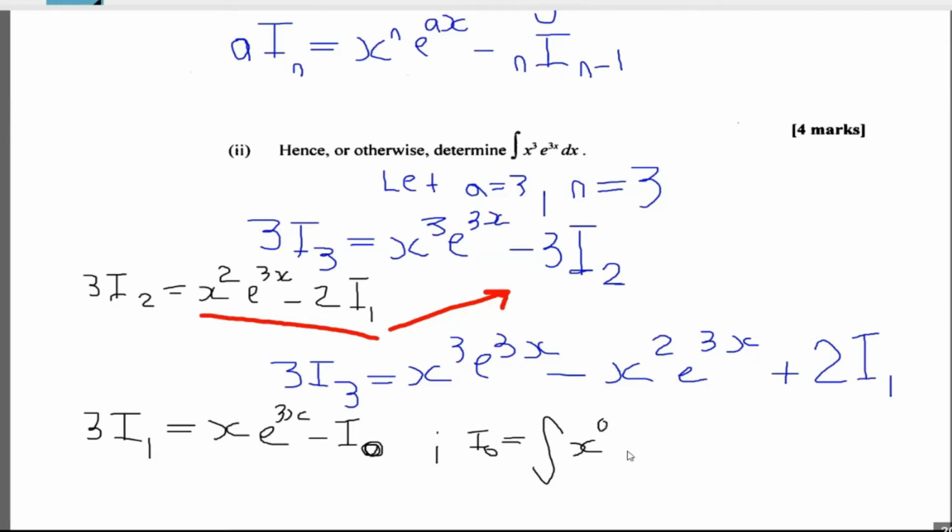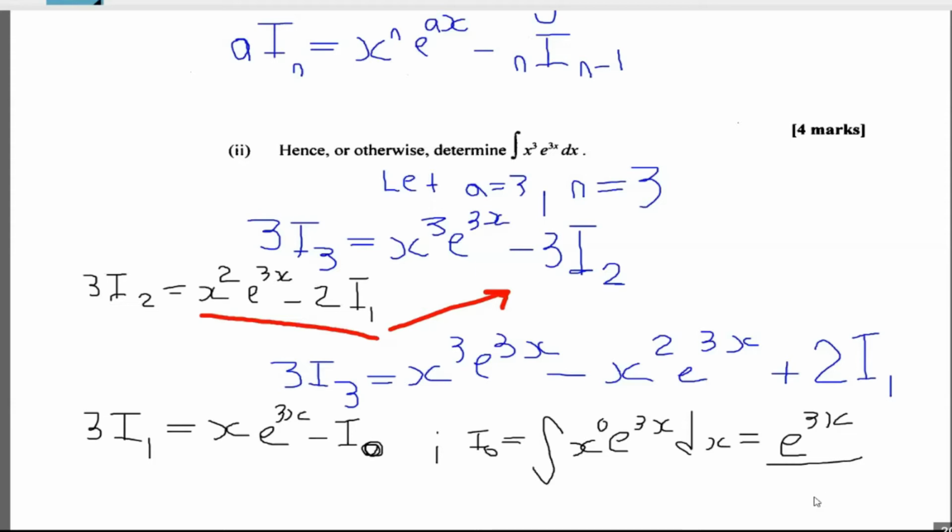So it's x to the 0, e to the 3x dx. Anything to the 0 is 1, and so this becomes integrating e to the 3x, and integrating e to the 3x is e to the 3x over 3.